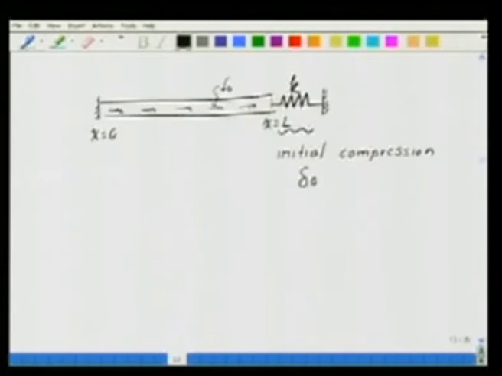So if I give this initial compression delta 0, then due to the action of this force, this bar is going to elongate, that is, the end x equal to L will move by an amount u at L, due to the action of the forces. So u of L is unknown. Now for this u of L that you get at this end, what is the total force that the spring is applying on the bar?